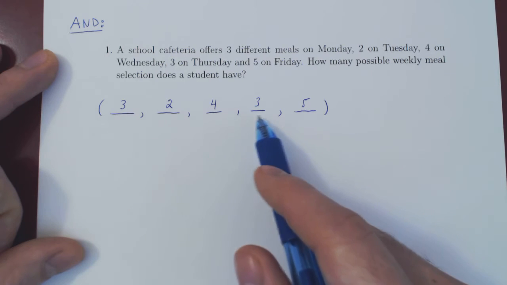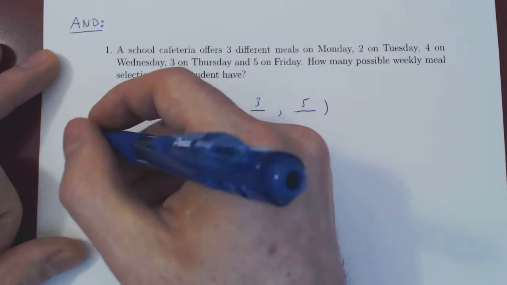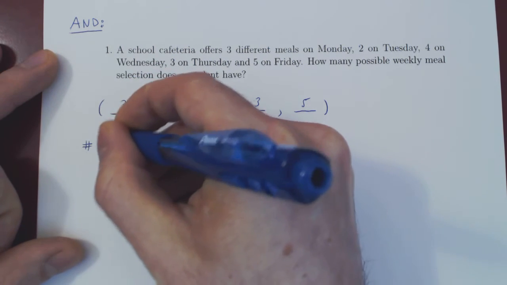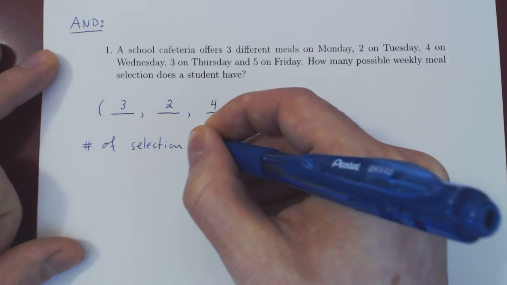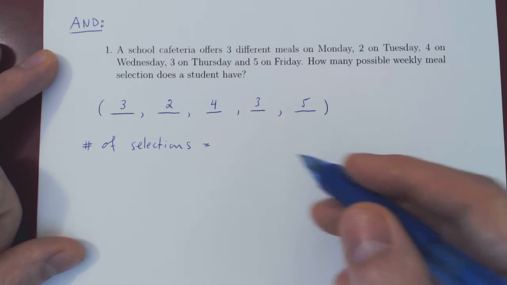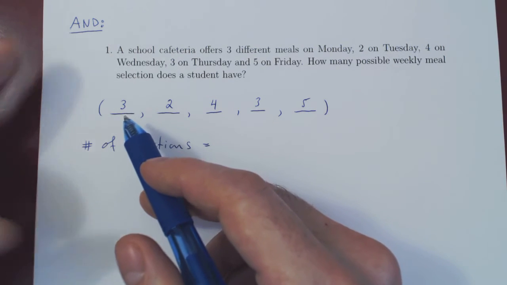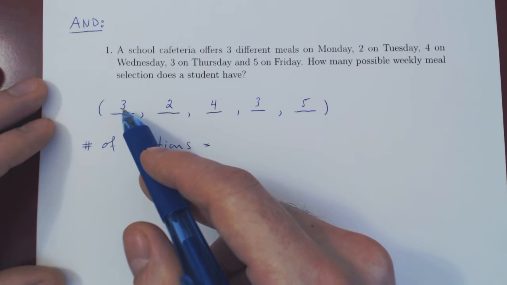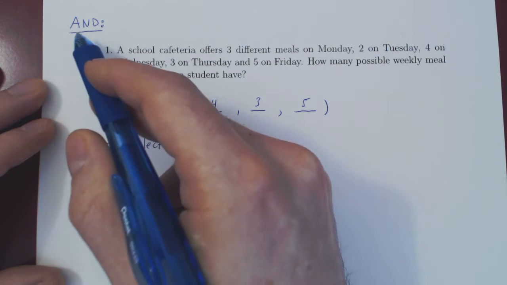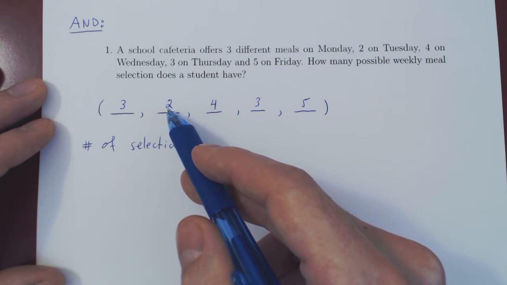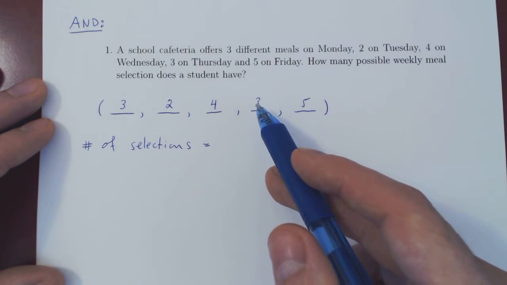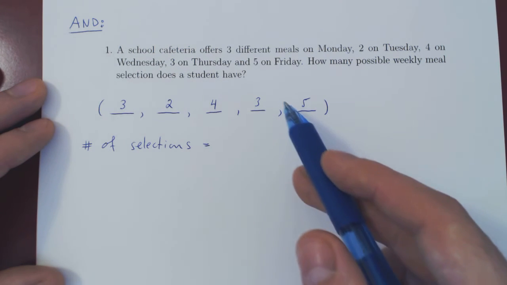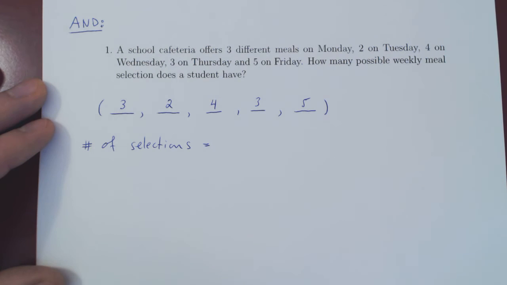An ordered selection of 5 choices. So the number of selections equals, and again read this out loud: we have 3 choices on Monday, and 2 on Tuesday, and 4 on Wednesday, and 3 on Thursday, and 5 on Friday.